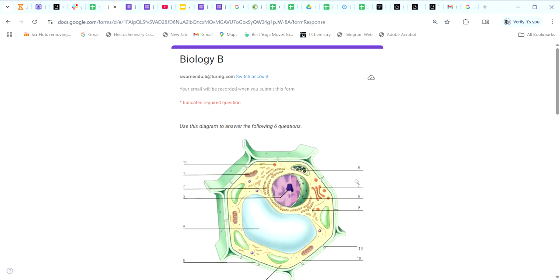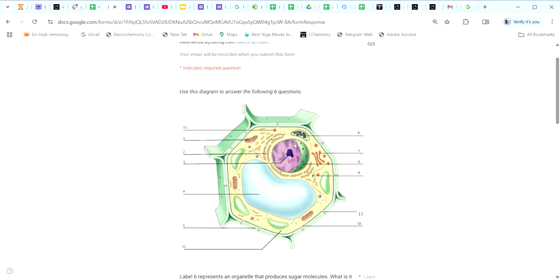Cell structure. Use this diagram to answer the following 6 questions. Let's start. There are different labeled parts.